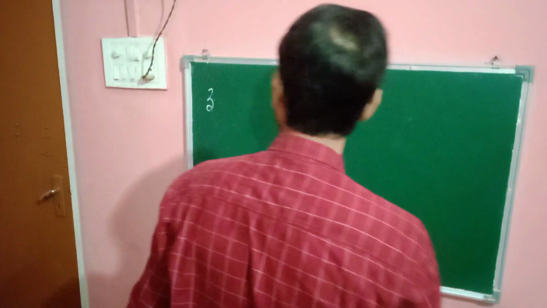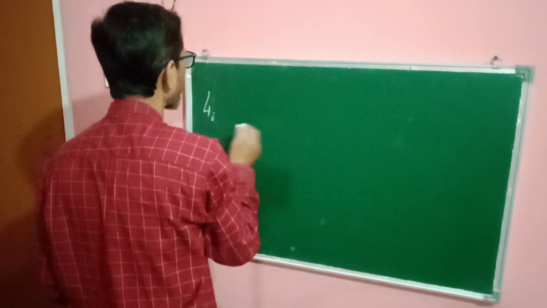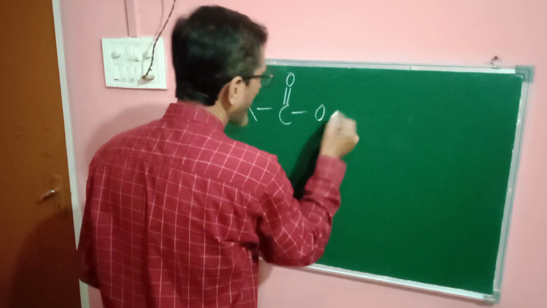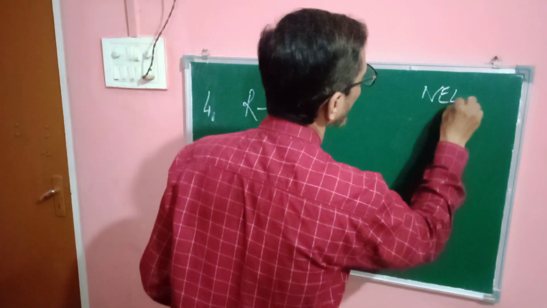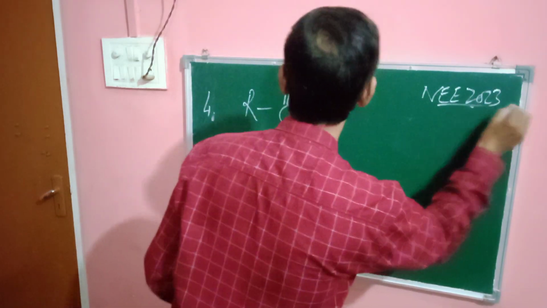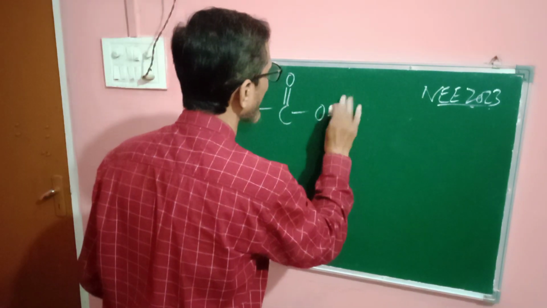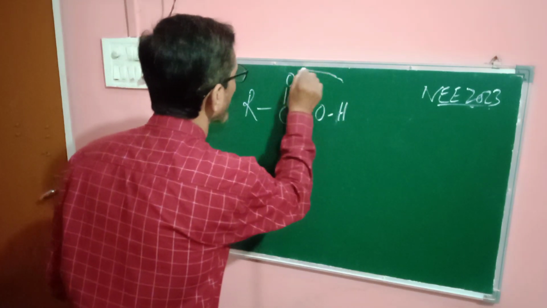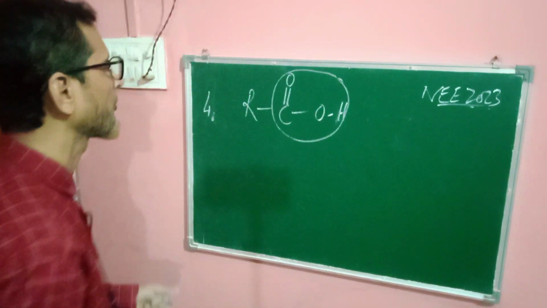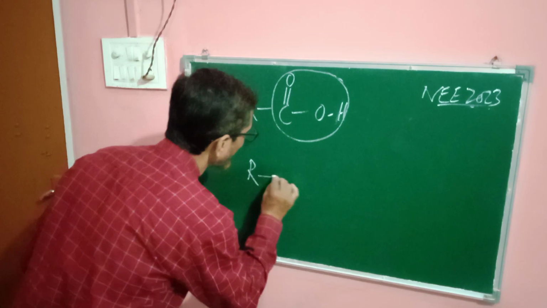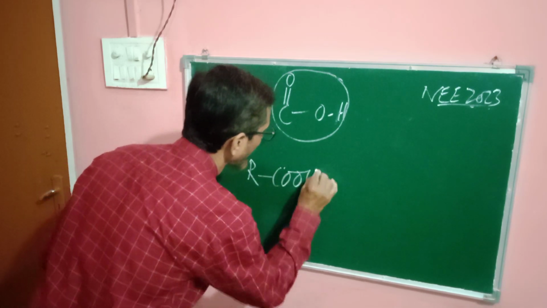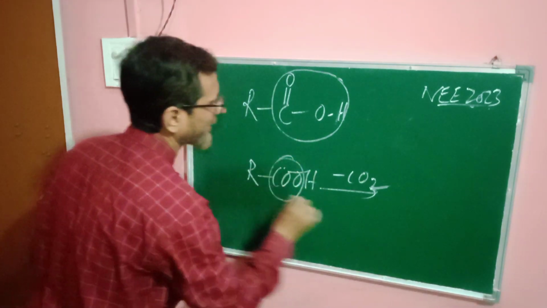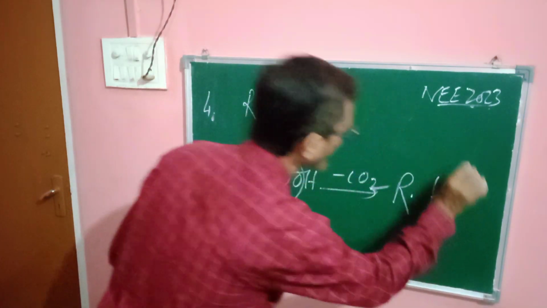Okay, so the next type of reaction is the reaction involving the carboxylic group. A very important question came in NEET 2023 from this one. If you follow minutely, you will find reactions involving the carboxylic group. This is very simple. You have got in first year RCOOH. If you remove carbon dioxide, what you are getting is nothing but alkane.